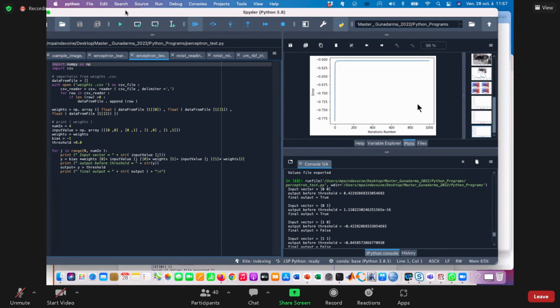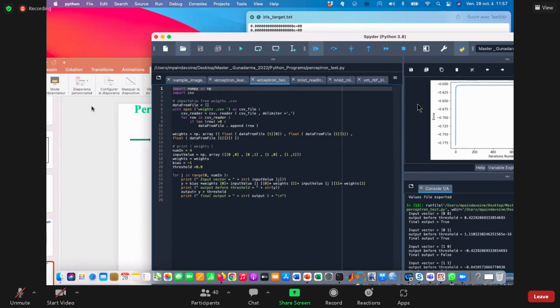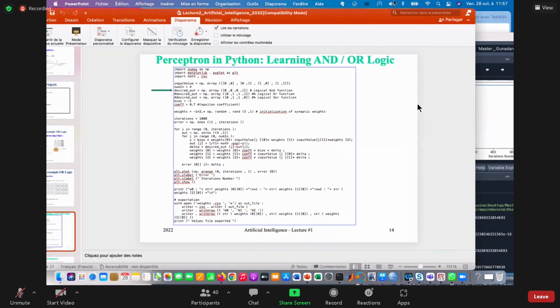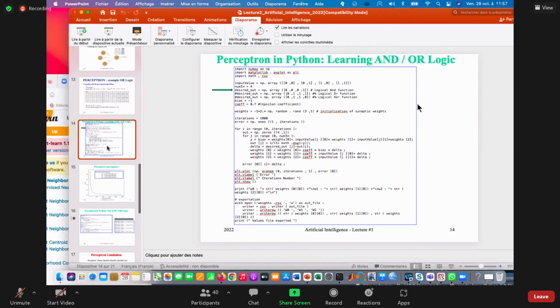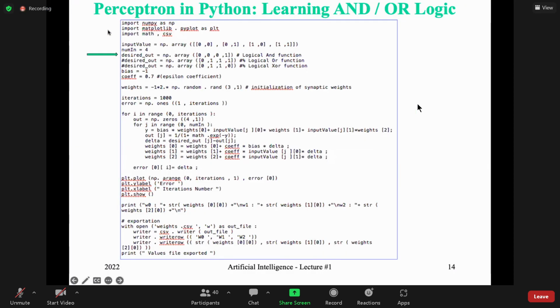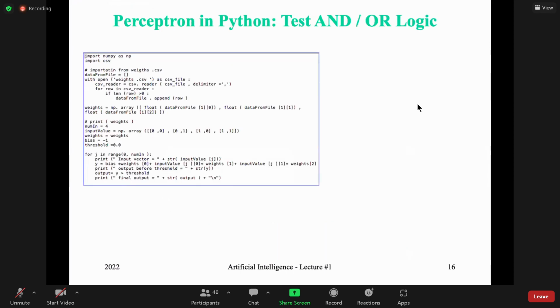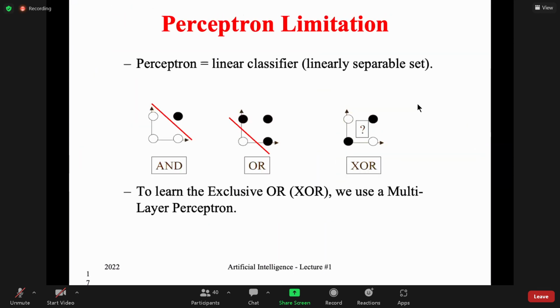Okay, so there is some explanation about that, and that is what I will explain in the next lecture, because here that is what I have shown. So I come back here. That is what I explained. The reason why it works for the AND and OR functions is that, as you can see, it's a linearly separable problem.